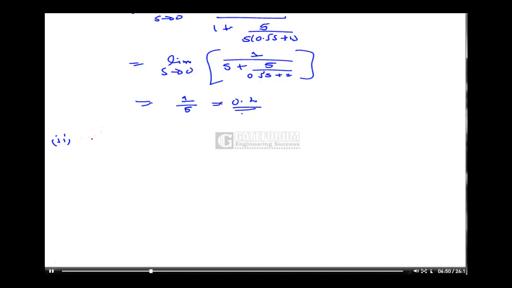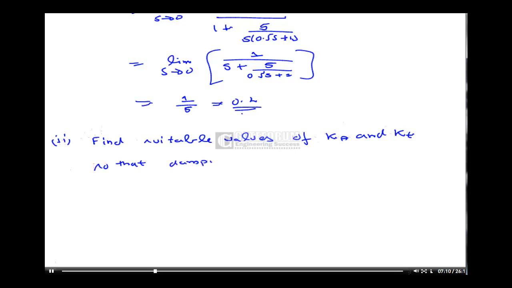Write down the statement: find suitable values of Ka and Kt so that the damping ratio of the system is increased to 0.7.